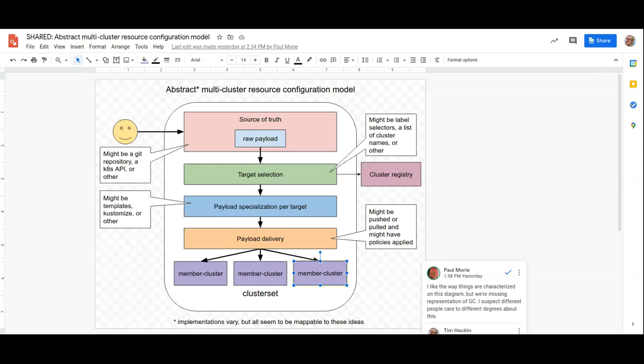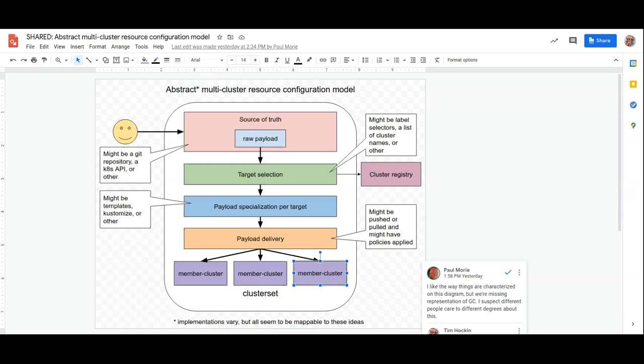It might be charts, it might be something else. And probably what matters the most is the part that you expose to the user. It matters a lot less how it's transformed after that.